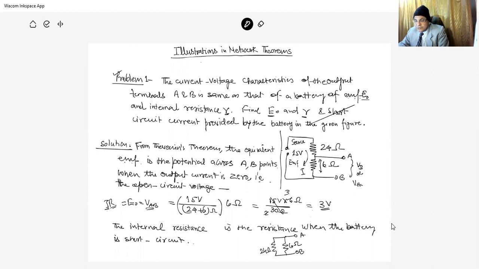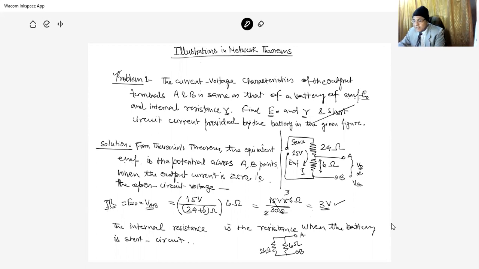So current is 15 volt divided by 24 plus 6 ohm, and the current multiplied with this 6 ohm gives the potential drop across the 6 ohm, which is V0 or VT as per Thevenin's. So substituting this value, we find that the voltage is 3 volt. That is Thevenin's voltage.